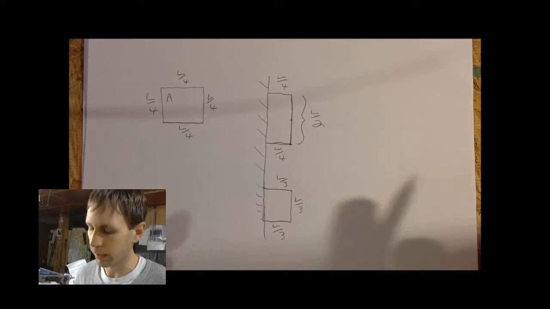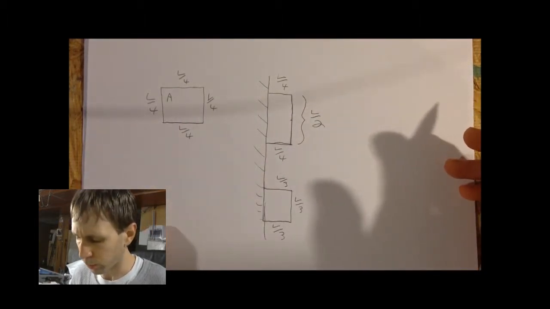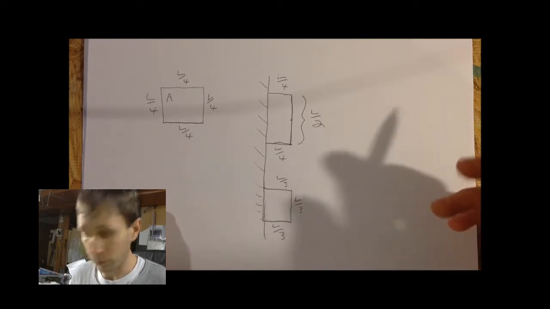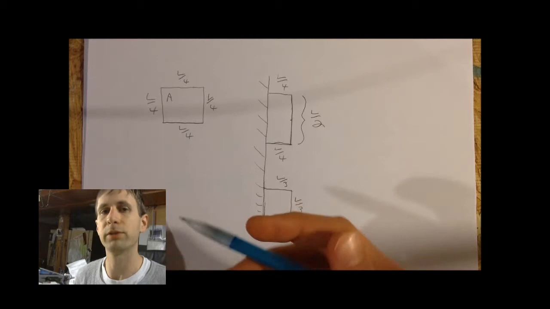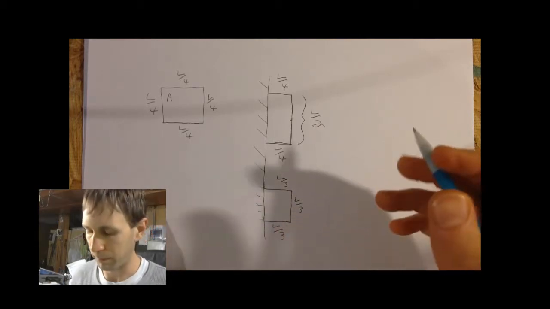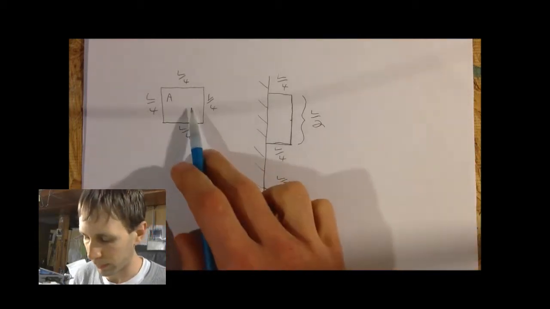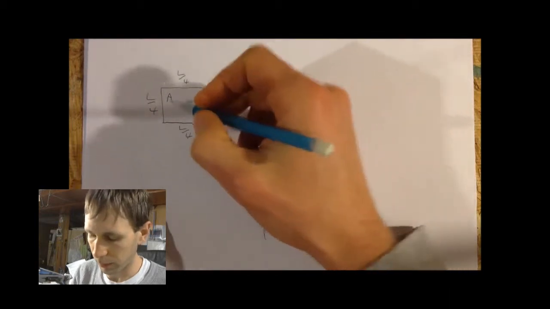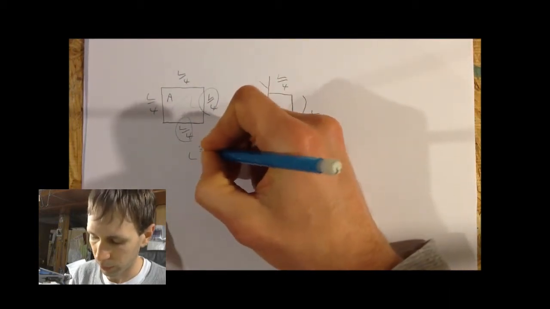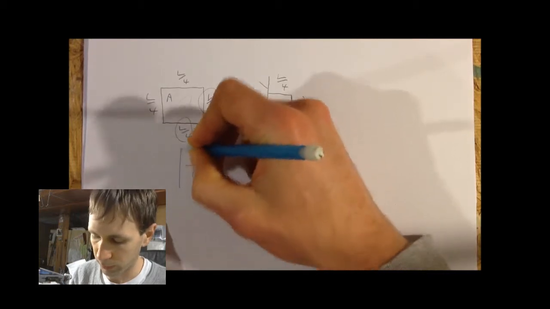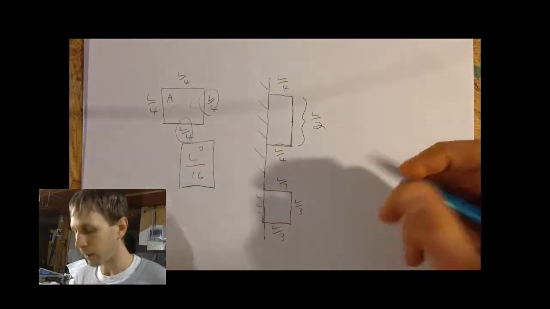It wasn't obvious that the other one was the one that we were talking about, but I just wanted to show you that it really is true. It might not be intuitive, but there is an intuitive reason behind it. The area of the rectangle is length times height, so that's L squared over 16. That's the most that you're going to get if you make it without a wall.